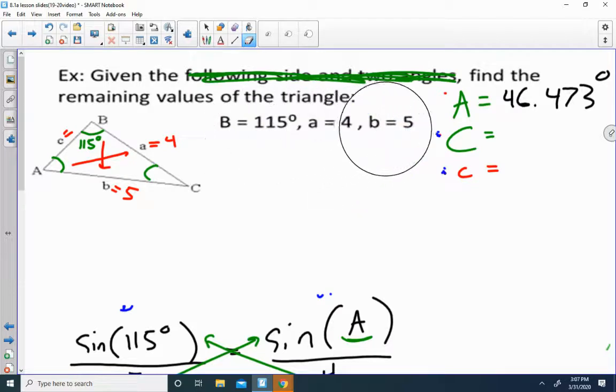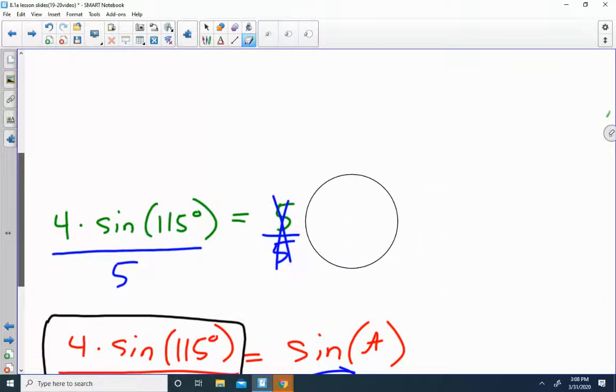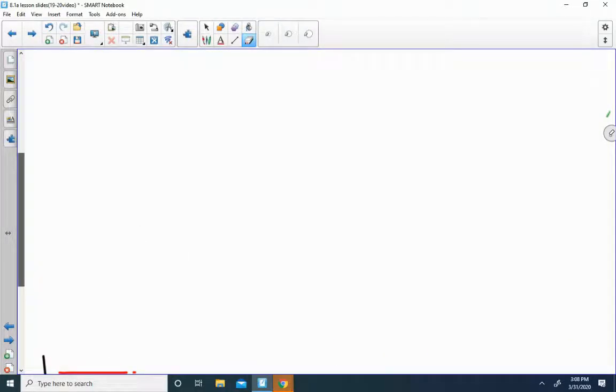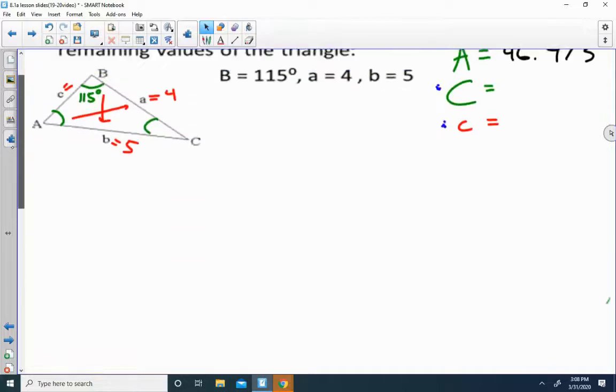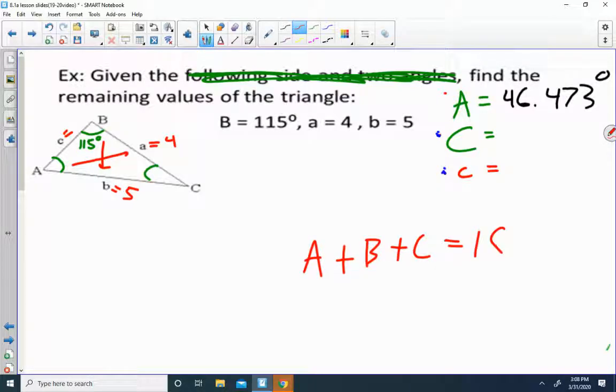Again, just going to erase some stuff just to make room. So now, we need to find either big C or little c. I wonder if I can find big C by using 180. Or in other words, A plus B plus C equals 180.